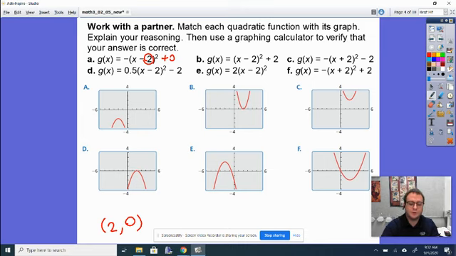Okay, so I want to find one that's at (2, 0) and is face down. Okay, no, because (2, 0) would be here. This one's at (2, 0), but it's faced the wrong way, up. And then here, though, (2, 0) is my vertex, and it's faced the right way. So A is going to match up with D. Okay, doing B. Again, I'm not going to do all of these. I'm just going to do like 2 of them. Same idea.